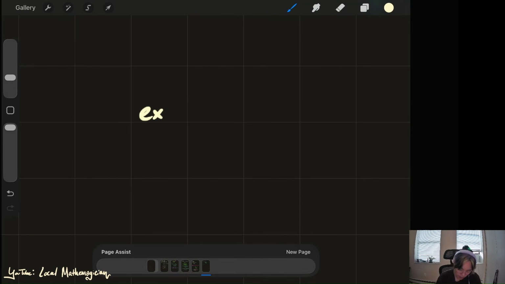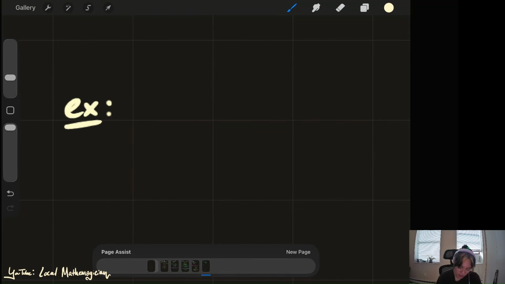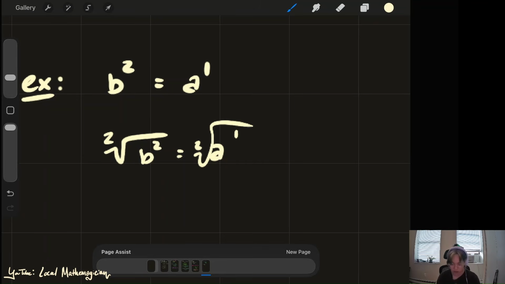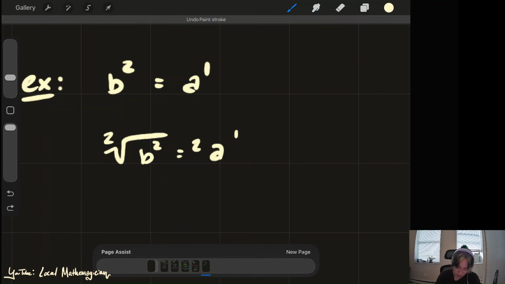Let's do an example, shall we? Let's say I tell you that b squared is equal to a to the first. That means we know that if we square root both sides, we get b equals the square root of a to the first. Nothing weird here. This is pretty standard, run-of-the-mill.